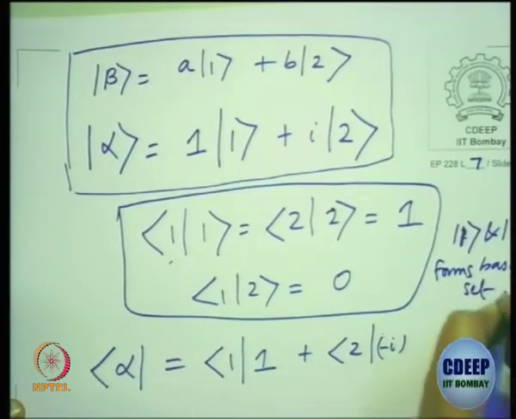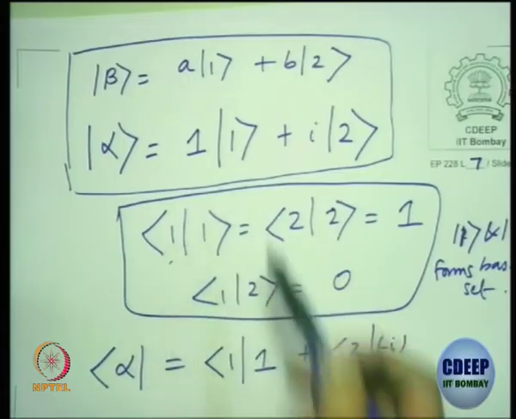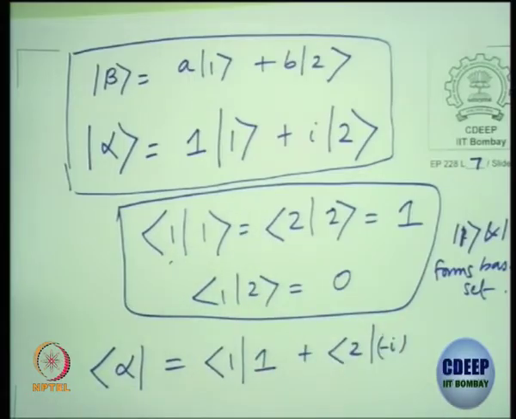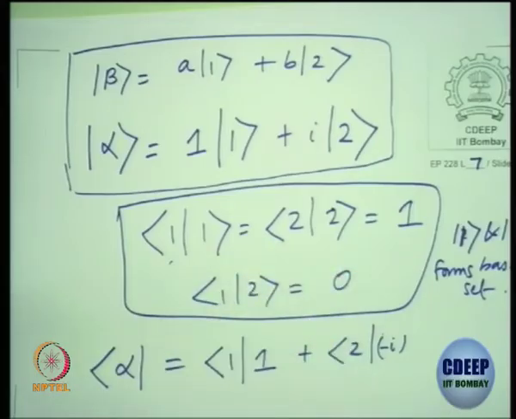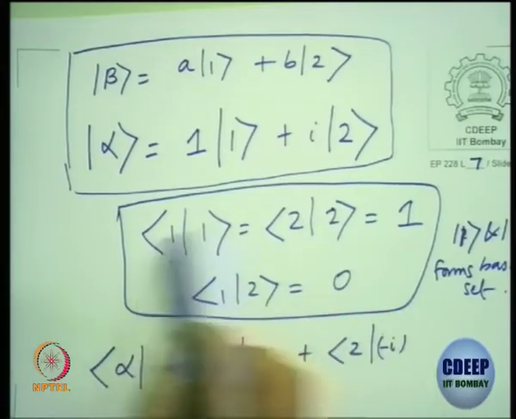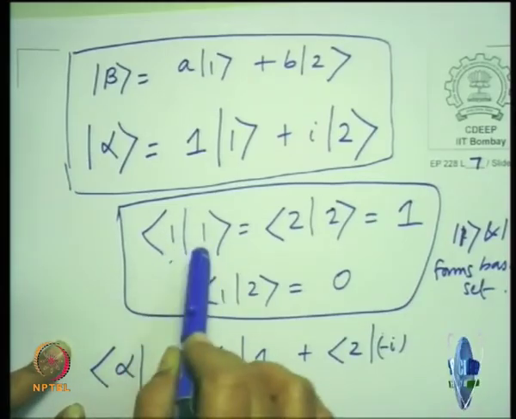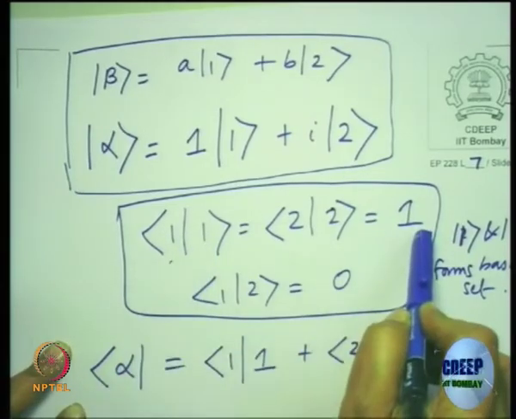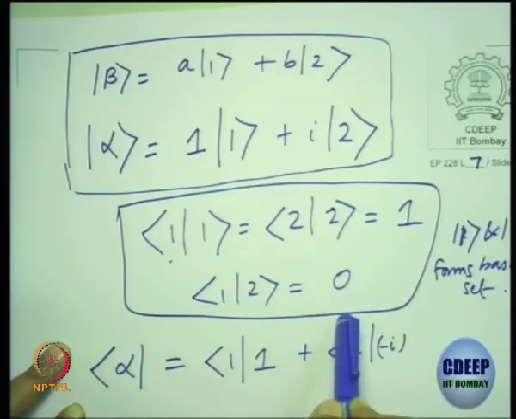You all agree? |1⟩ and |2⟩ form a basis set and they are linearly independent. They are in fact orthogonal also. It's orthonormal. The dot product of each basis with itself is 1. The dot product of these two bases is 0, which is your orthonormal basis.